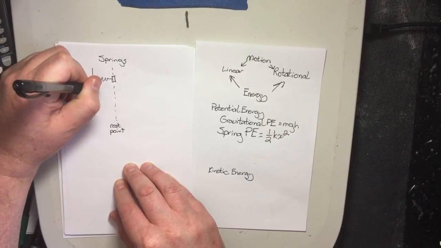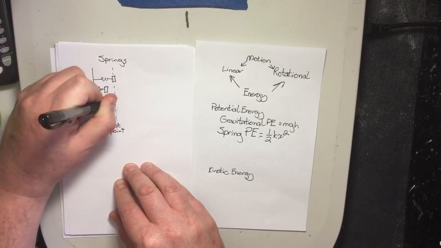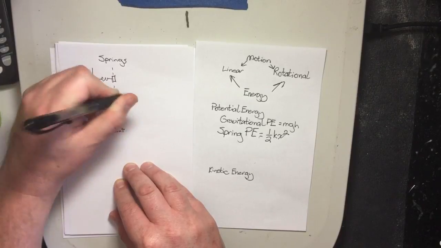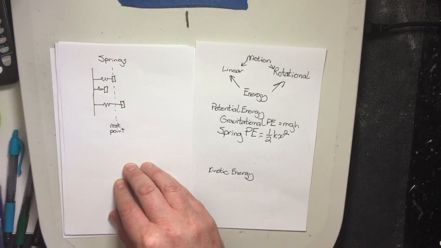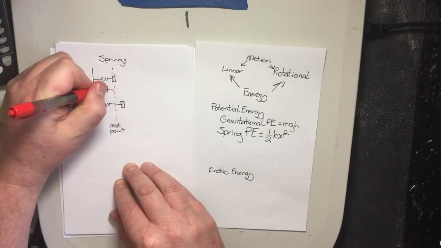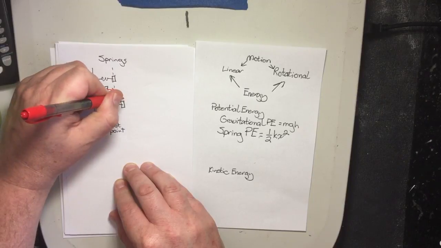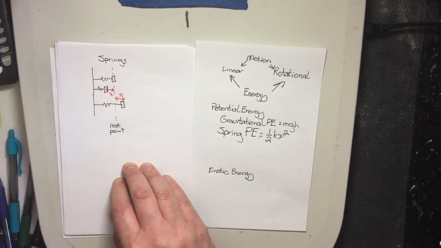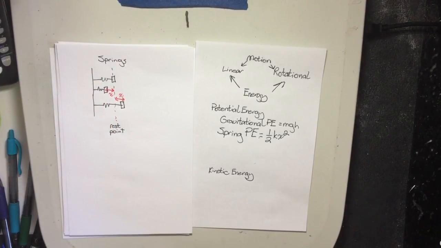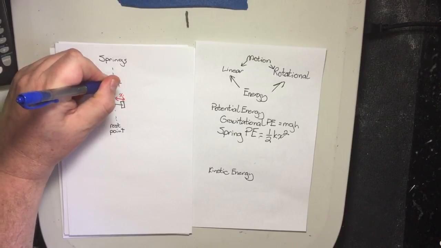And if you push on that spring or pull on that spring, there is a displacement from that rest point that we'll call x. When you compress the spring, obviously you can feel it push.